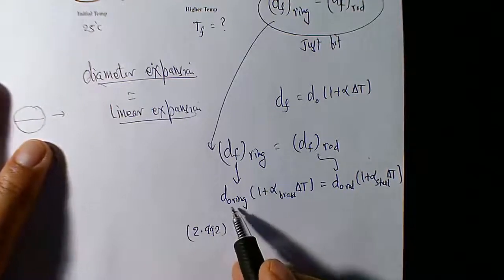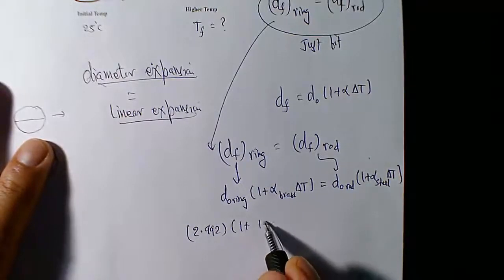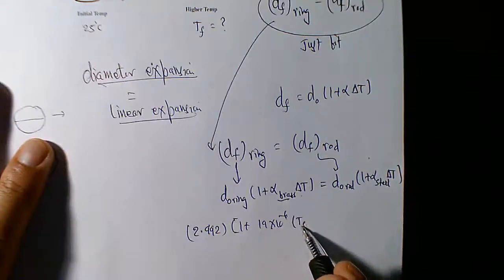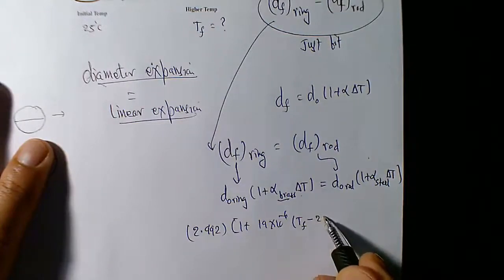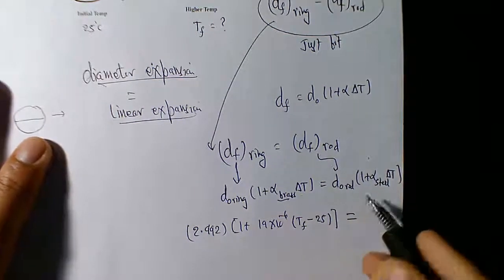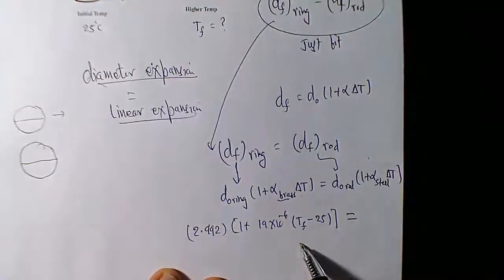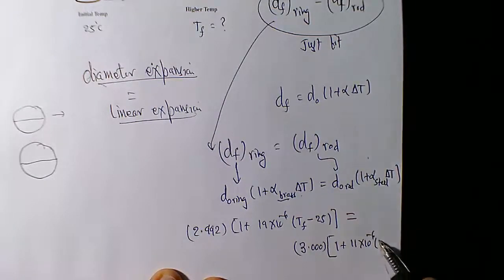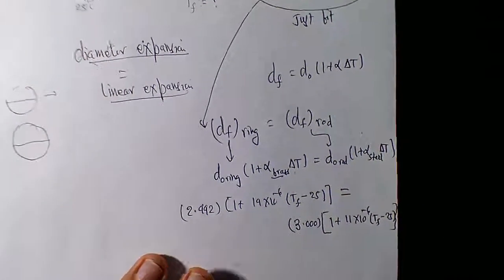That's the ring diameter, times 1 plus alpha for brass, 19 10 to the power negative 6, and then delta T. With alpha, remember, it is the final temperature, which is what we are solving for, minus the initial temperature of 25 degrees Celsius for both. Right-hand side, same: the rod has a diameter of exactly 3 centimeter, times the big bracket, 1 plus alpha for steel, 11 10 to the power negative 6, and the change in temperature with alpha is the final temperature minus 25. The change in temperature is the same for both.